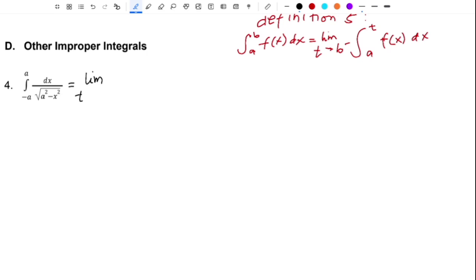As t approaches, our b is a, to the left, and our upper limit is t, and our lower limit is negative a.